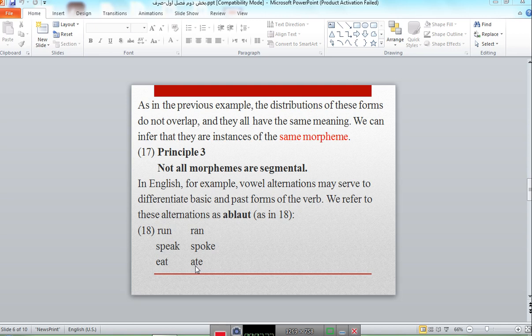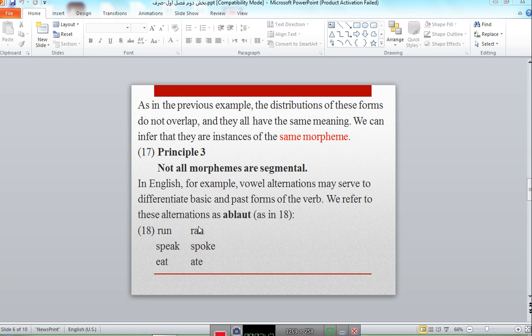But what is it? It is not the a, for example. We cannot say that a is the sign of the past tense, or o here is the sign of the past tense, but rather the difference between these vowels and the vowels of the basic verb, which is not segmental at all. So this is not segmental.